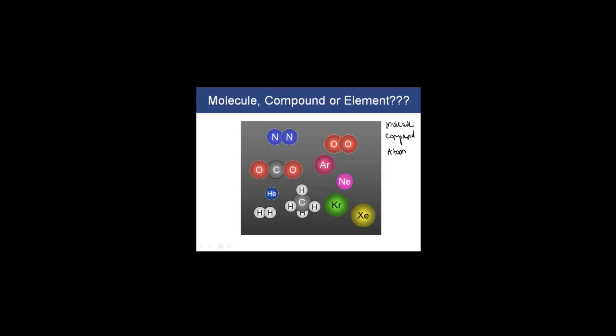So let's look at this right here. This is nitrogen. Is this a molecule, a compound, or an atom? Well, because it does not contain different elements, this is a molecule. In fact, we have a molecule here and here.